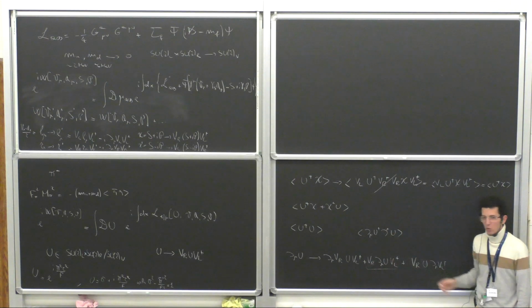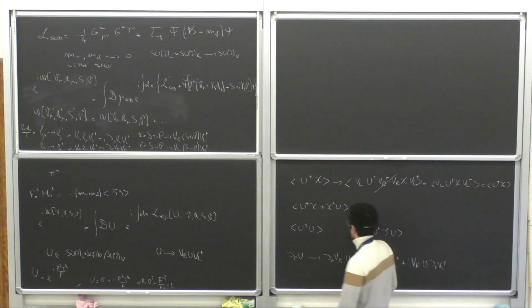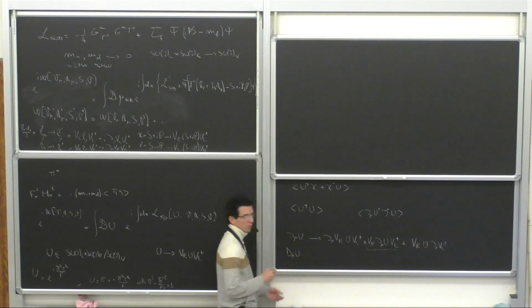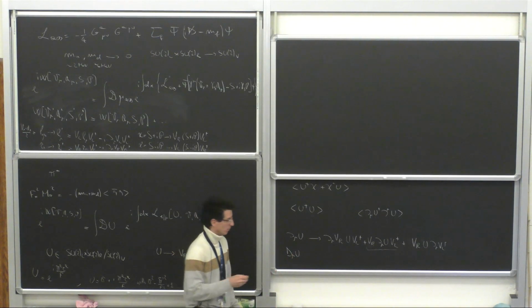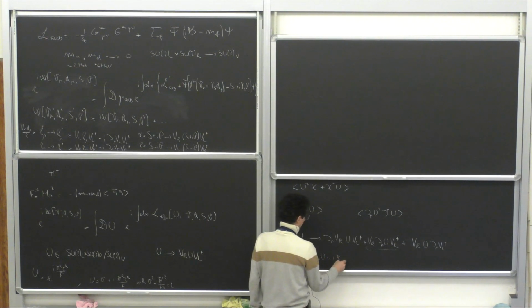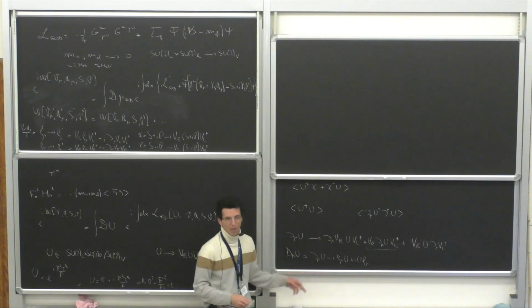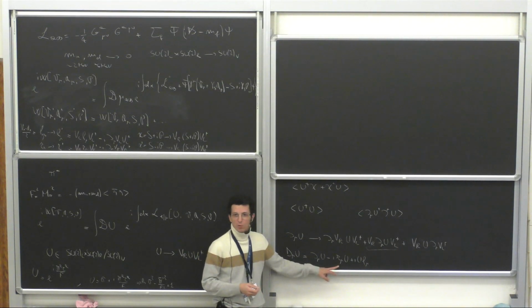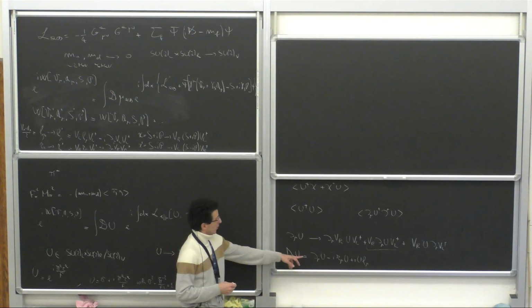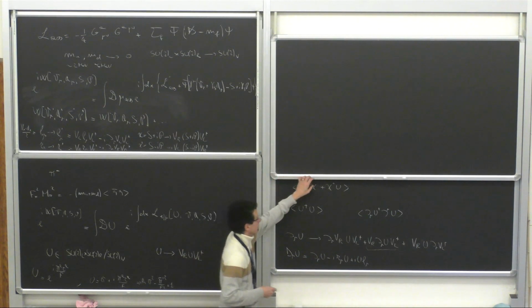But there are some more complicated terms. In this situation, we can remedy this by introducing covariant derivatives. The covariant derivative of the pion field is the following: D mu U equals d mu U minus i r mu U plus i U l mu. As always, the right source appears on the left and the left on the right. So we can verify how this object transforms under chiral symmetry.